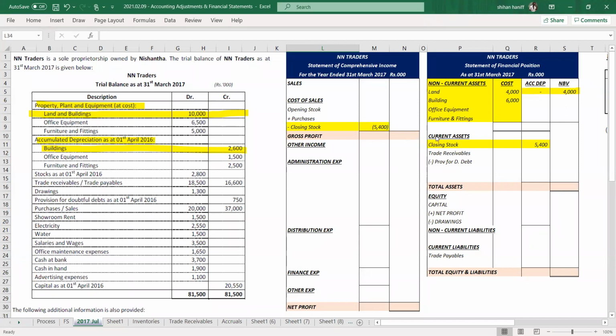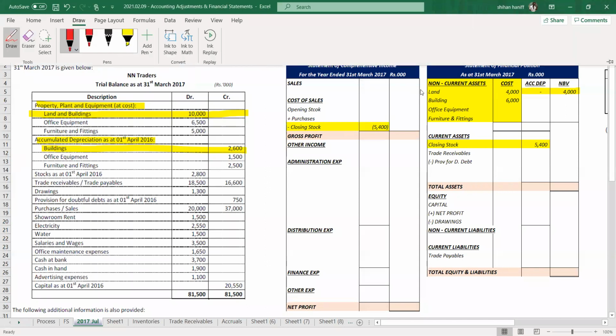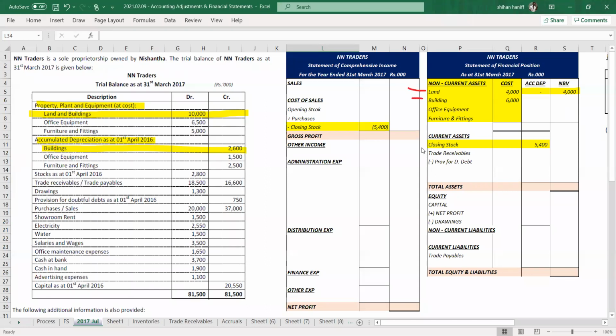Furniture, office equipment, machineries, those things can change. Mainly what you need to look at is land and building, in current assets closing stock and trade receivables, and in current liabilities trade payables. And here the last asset should be cash in hand.